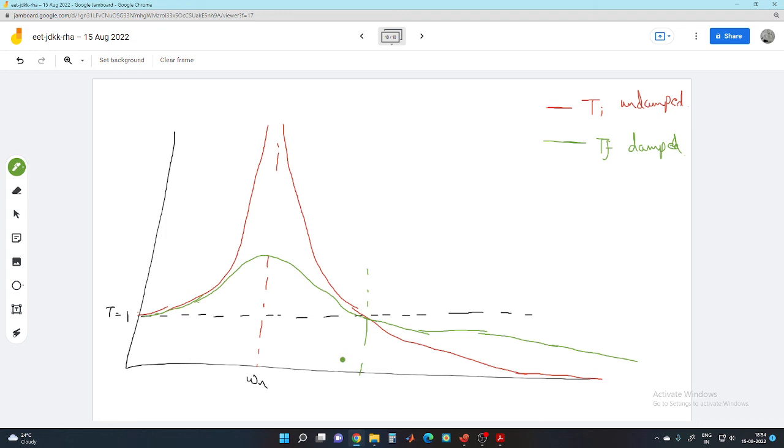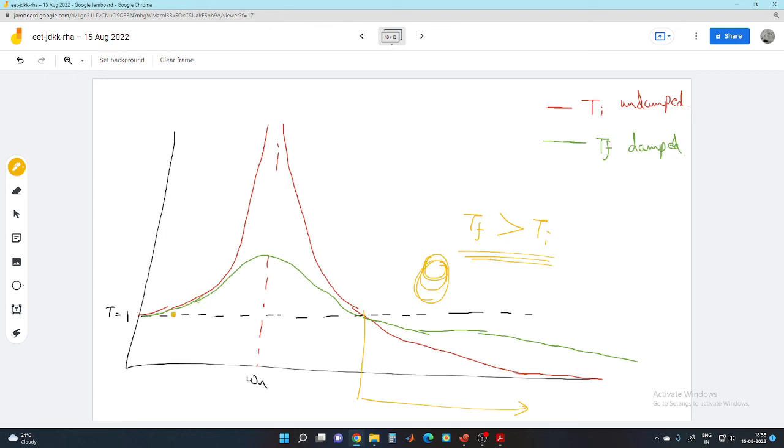If we talk about this region, or basically whatever is to this side, here actually the TF is greater than TI, such that the transmissibility actually increases.